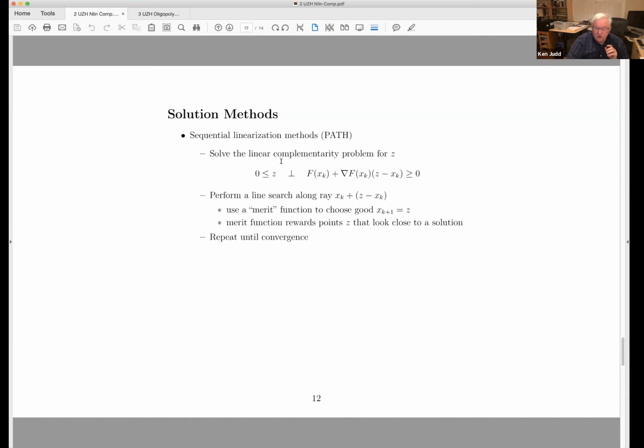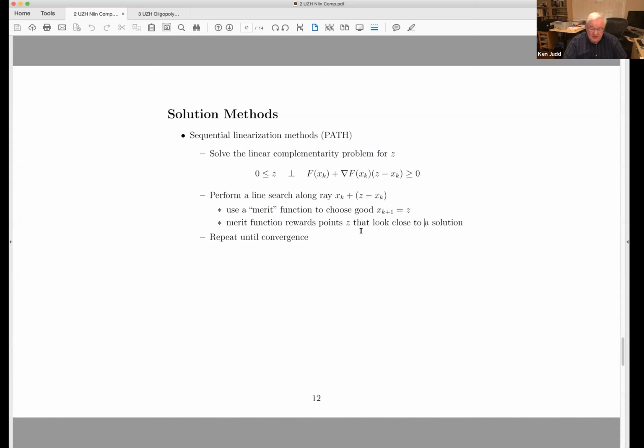What you're trying to do is solve this linear complementarity problem. You solve it, and that tells you a ray direction to go. And so then you search in that direction until you get to choose a new guess.